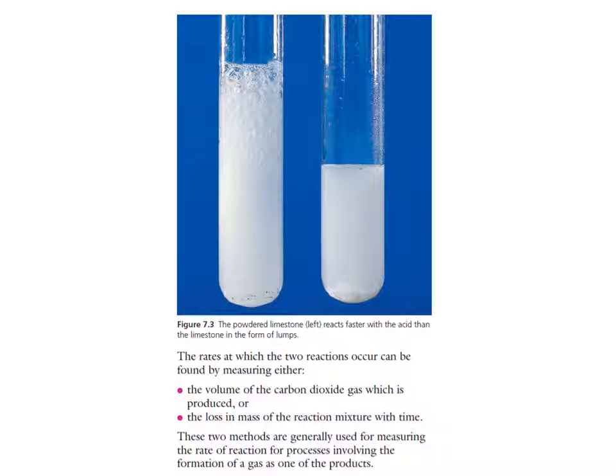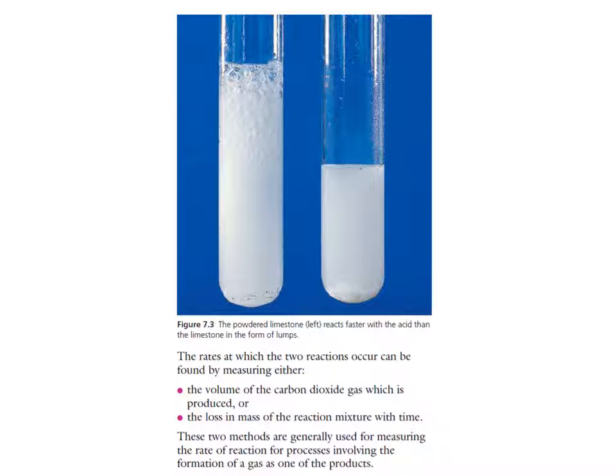So how can you measure the reaction rate? For this particular reaction, the rate can be measured by either of two things. Very first, you can measure the volume of carbon dioxide gas that is released, and second, you can measure the mass of the reaction mixture, because if carbon dioxide is released, then the mass of the mixture will become lower and lower as time goes.